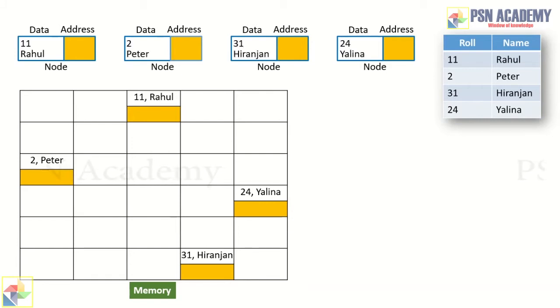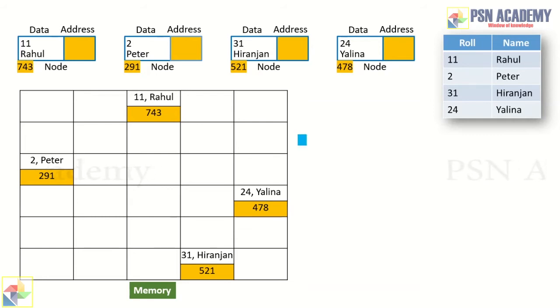Imagine that the addresses of these nodes are 743 like this, then 291 here, 521 here, and 478 here. Okay?